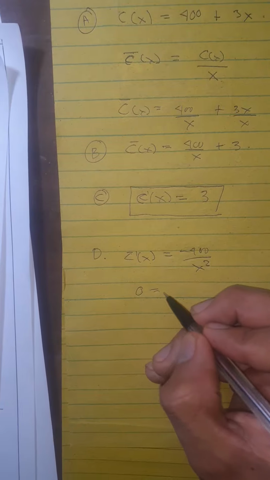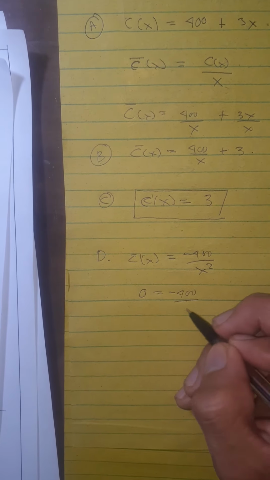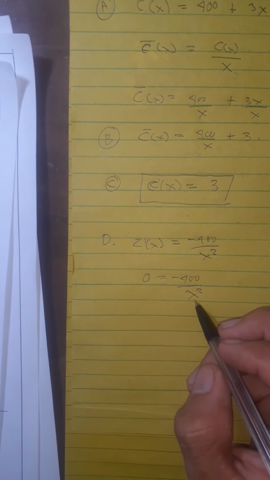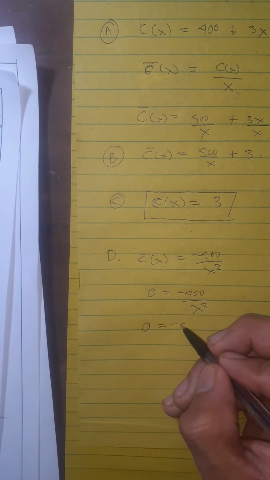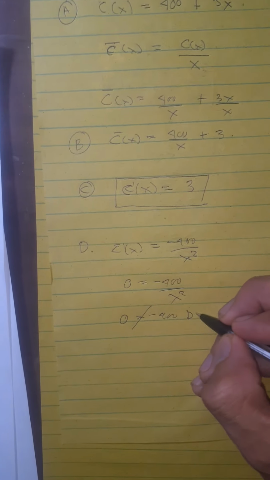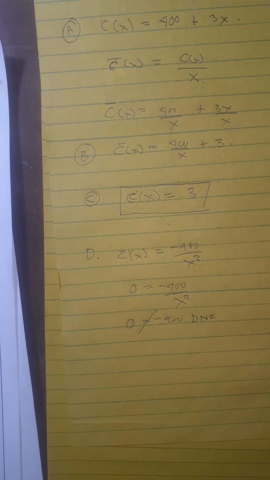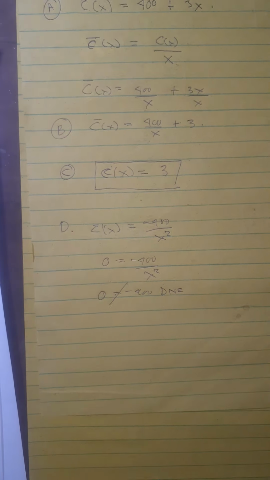So 0 is equal to negative 400 over x squared. Multiplying by x squared, 0 is equal to negative 400, which is not true.